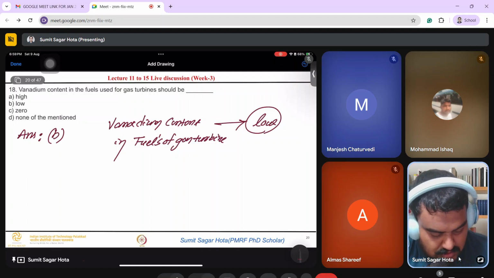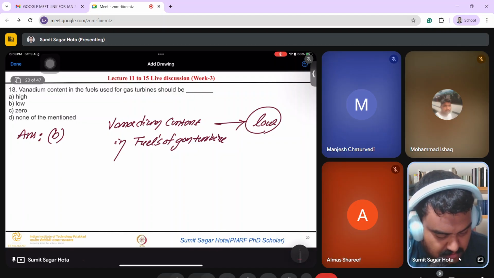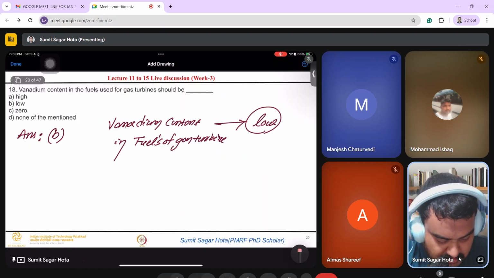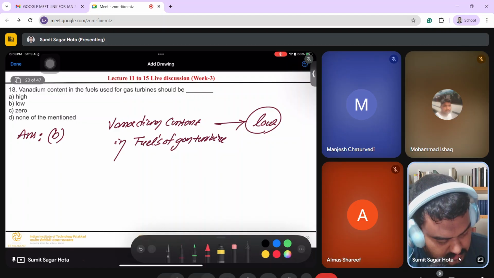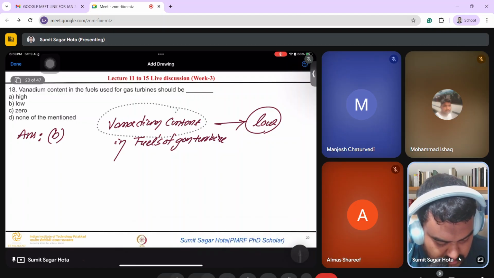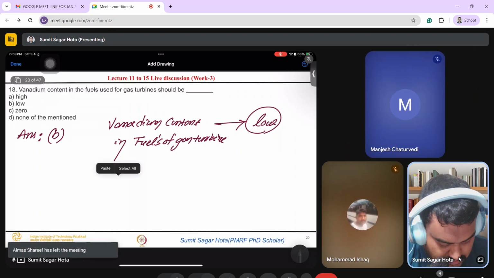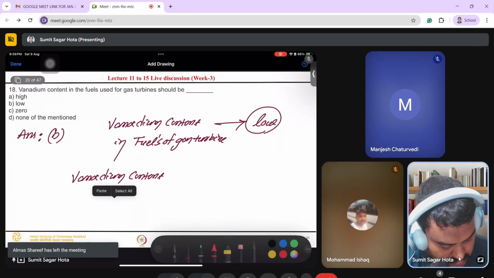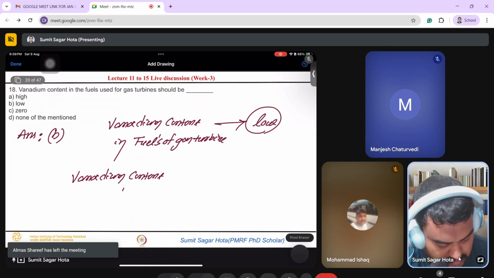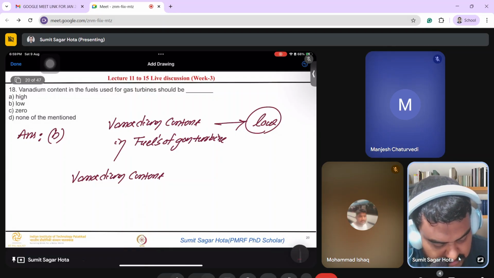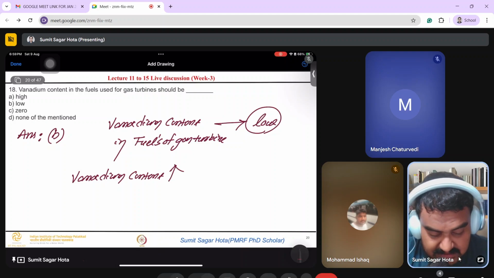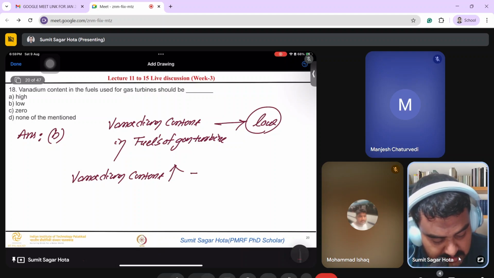That means if the vanadium content increases, what will happen?